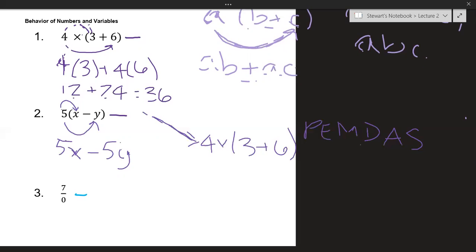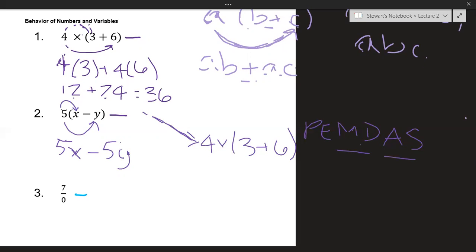As well as with addition and subtraction, they're in the same league, so you can deal with them left to right. You don't have to do one before the other, even though they come first, per se, in this acronym. The only ones you have to account for separately are parentheses and exponents. But multiplication and division go together, and so do addition and subtraction.